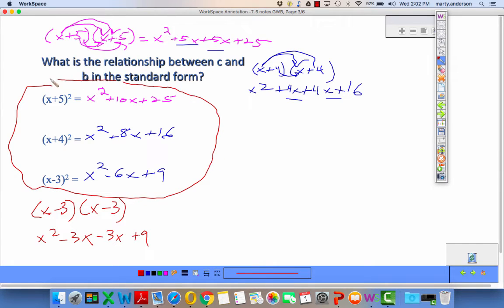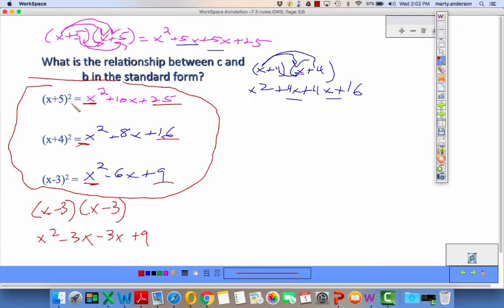Now, examine these three things. Notice each time, where does the x squared come from? It comes from x times x, from squaring the first term. Where does the 25 come from? It came from 5 times 5, 16 came from 4 times 4. Where did the plus 9 come from? Negative 3 times negative 3. So each time, the key thing here is the relationship between b and c.